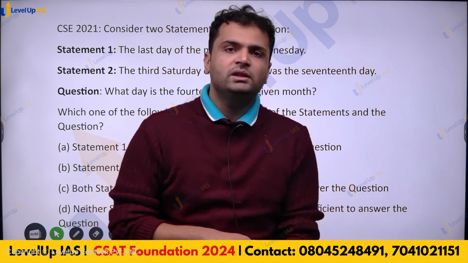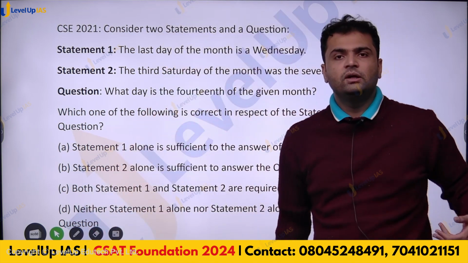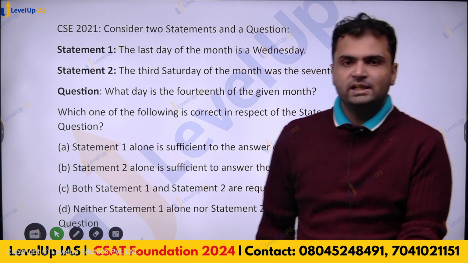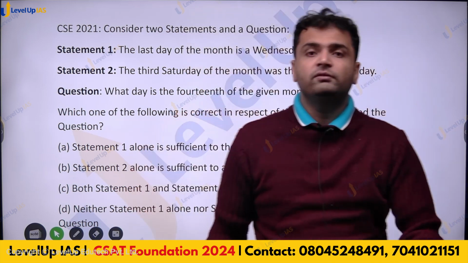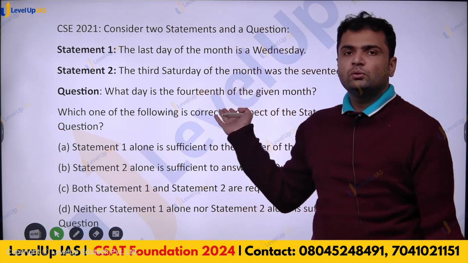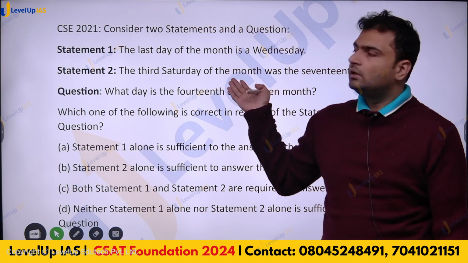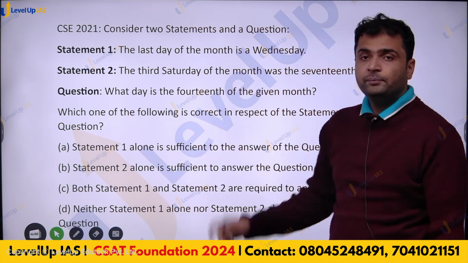Now if the month is of 28 days, then 14th would be accordingly different. If the last date is 29, then 14th would be different. If the last date is 30, then this 14th of the given month would be different. If the last date is 31, then this would be another day.